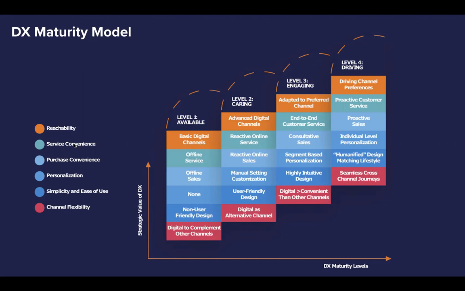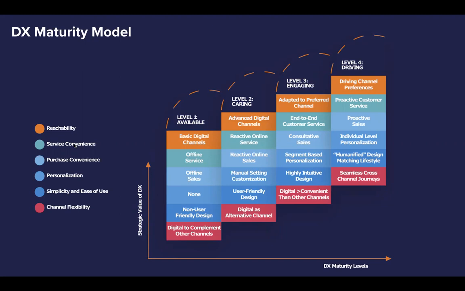You then start to bring in, okay, and your channels maybe start expanding. You're having end-to-end customer services. You're having more fulfillment online. You have consultative sales. So sales are actually benefiting from digital as well, both online and offline. Segmentation, personalization, and your design is taking to the next level. And digital is basically becoming the platform of choice.